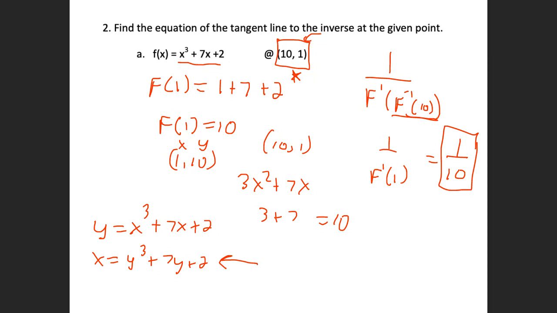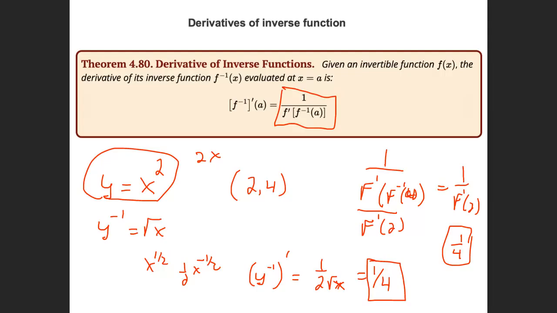Why is f inverse of 10 equal to 1? Because, don't you remember an inverse function? If I gave you, let's go back 2 pages. So here, if this is my function, okay, let's call it f of x.